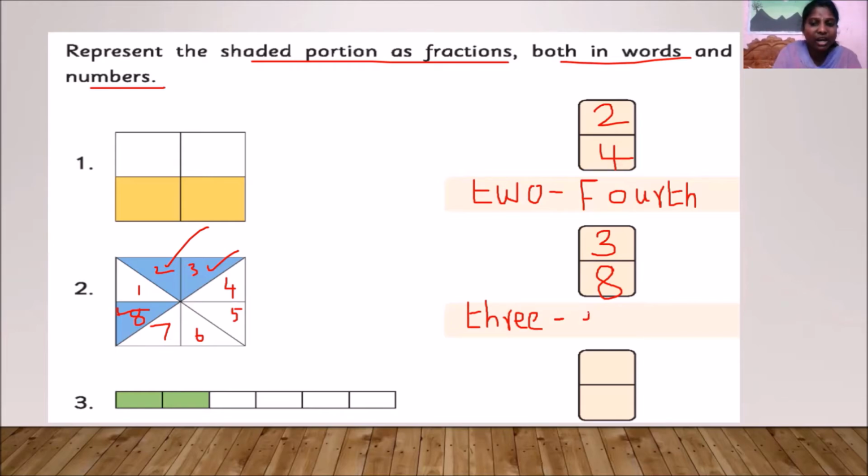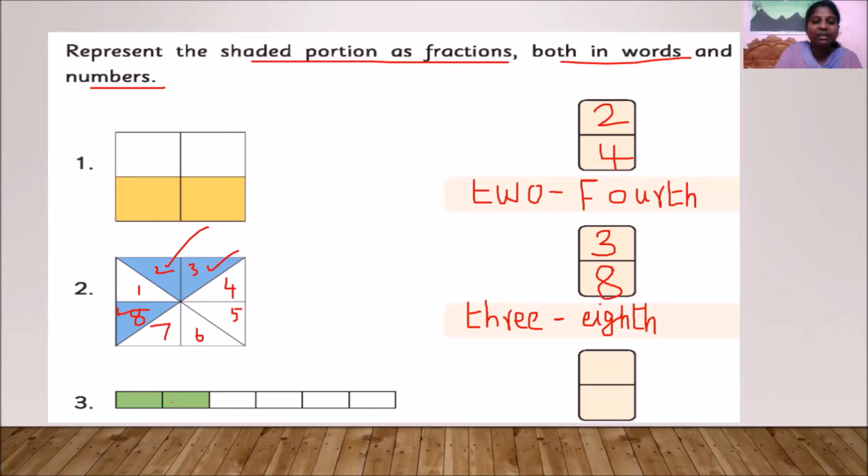Not 8, children. You have to write eighth, E-I-G-H-T-H. Eighth. In words, we have to write three-eighths.